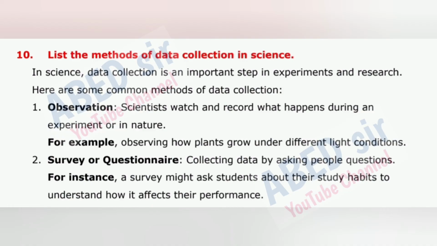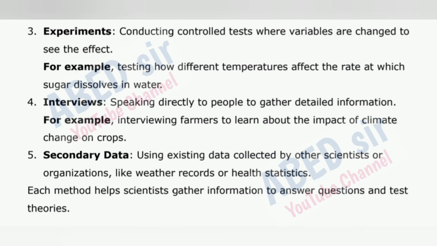For instance, a survey might ask students about their study habits to understand how it affects their performance. 3. Experiments, conducting controlled tests where variables are changed to see the effect. For example, testing how different temperatures affect the rate at which sugar dissolves in water. 4. Interviews, speaking directly to people to gather detailed information.